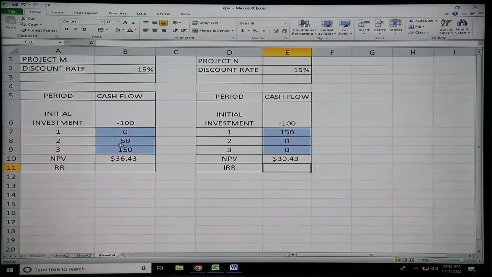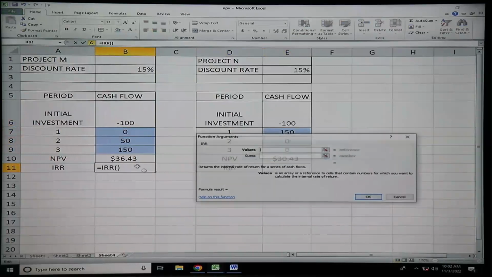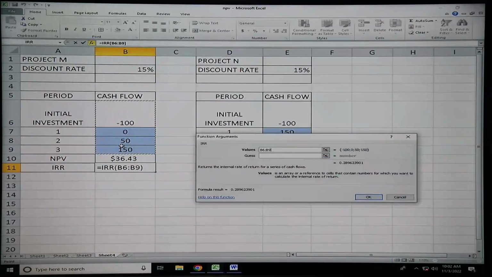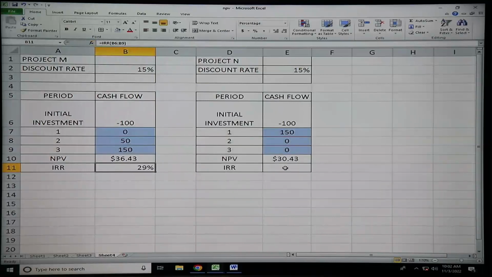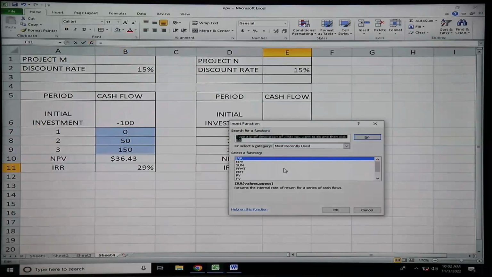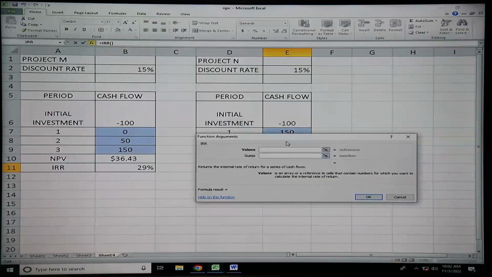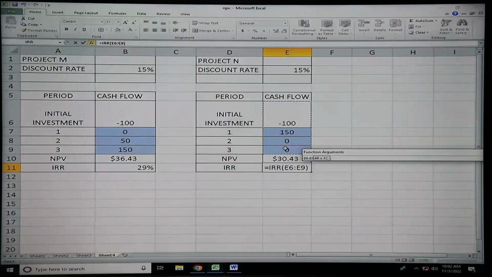So the amount invested will still remain the same. Then insert the function IRR for the values up to here. Don't include the net present value. Then again insert IRR for the next project, from here to here.